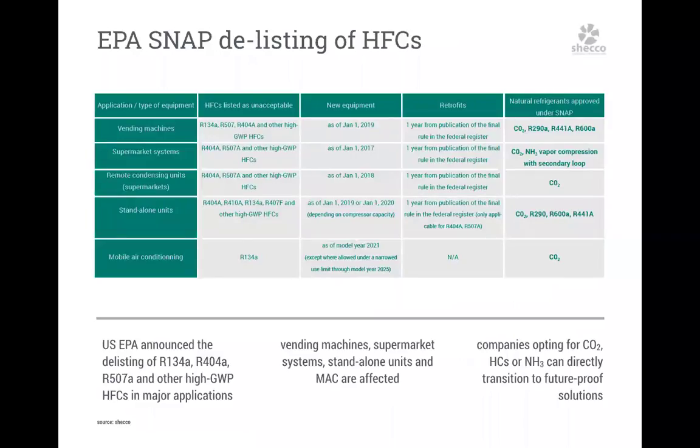So companies opting for CO2, ammonia, hydrocarbons can directly transition to future-proof solutions. On the other side, there's the delisting of HFCs, and there is the listing of natural refrigerants that can open the market to use these alternatives.